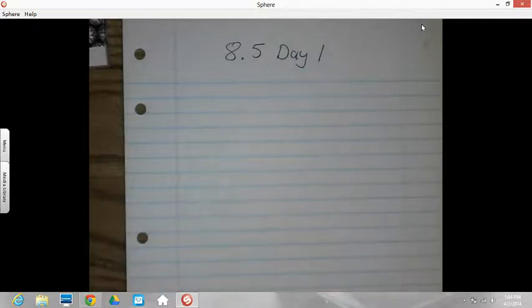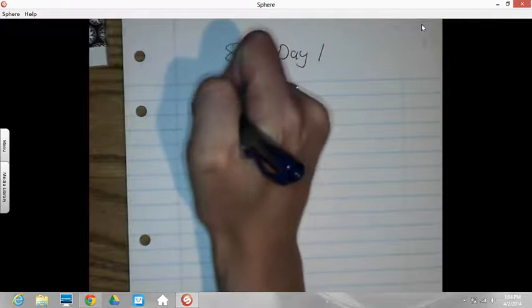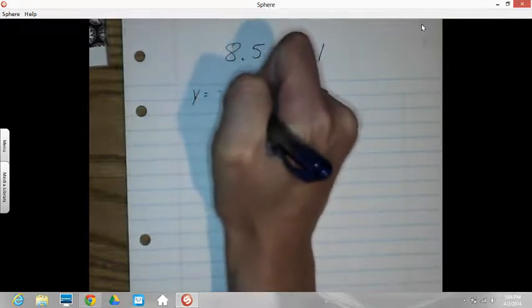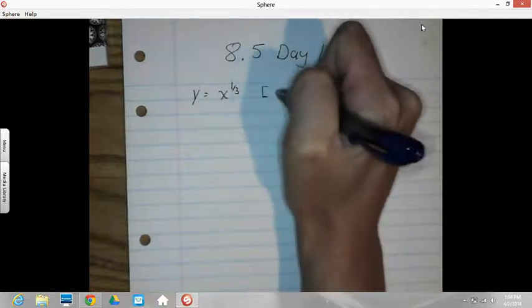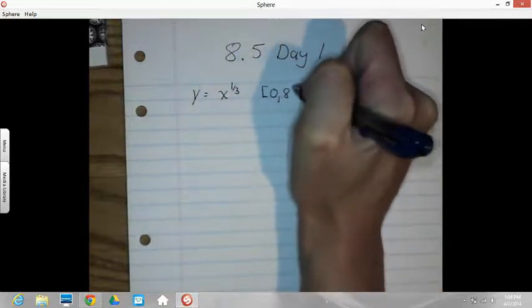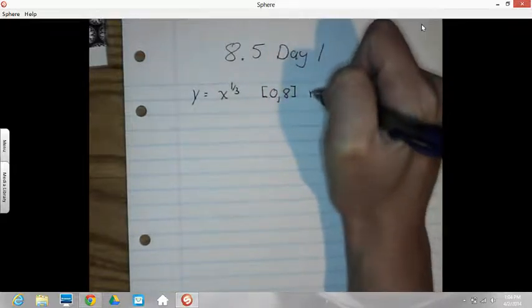What we're going to do today, and I'll do the best I can at drawing this, we're going to suppose we have the equation y equals x to the 1/3, and we're going to look at it with the domain restriction from 0 to 8. And then we're going to take this equation and revolve it around the x-axis.